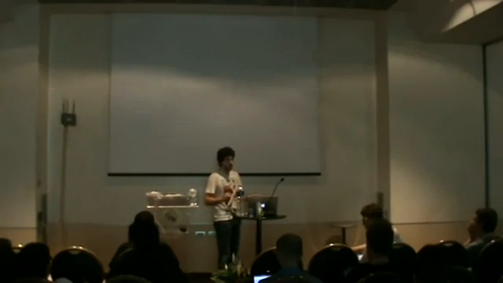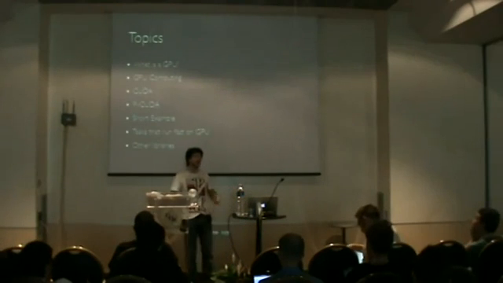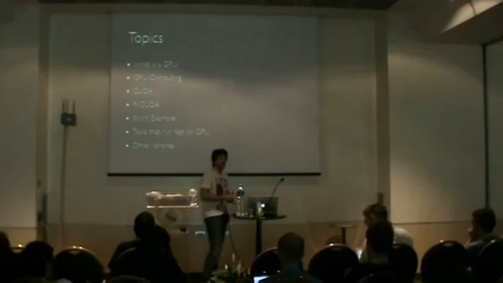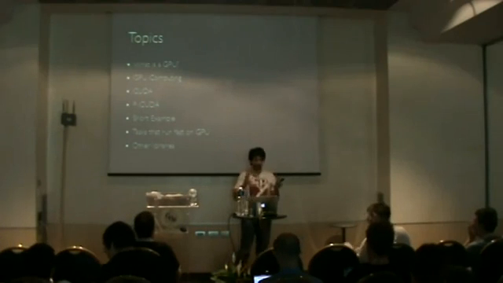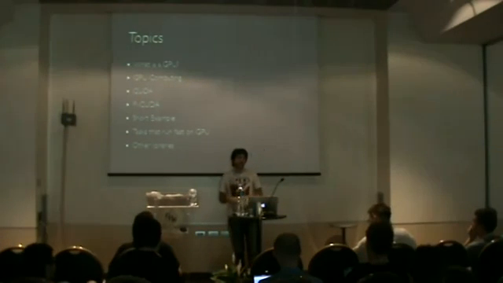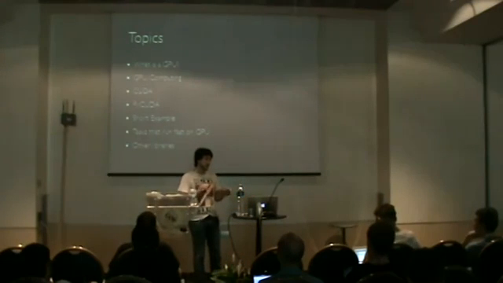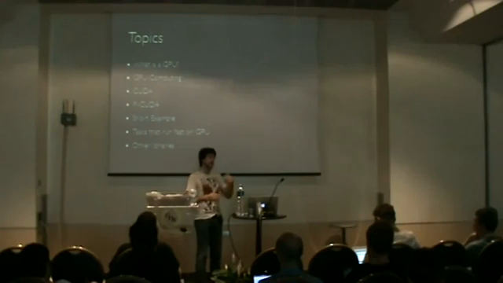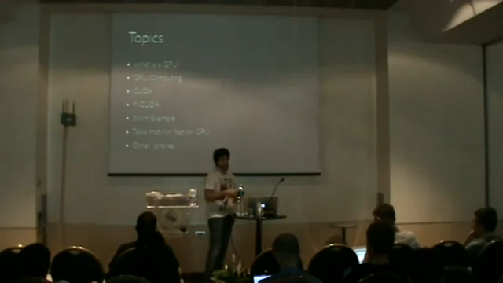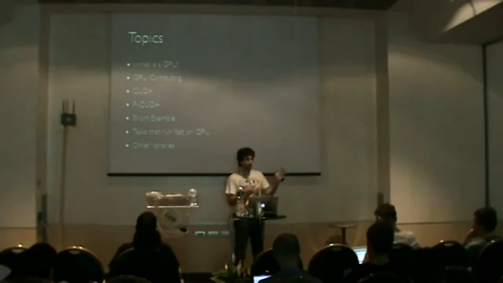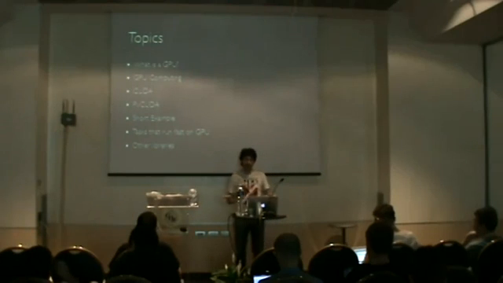Let's see what the topics for today are. I'm going to talk about what a GPU is and what GPU computing is, a little introduction. Then I will talk about CUDA and how it works. Then we will look at PyCUDA, how you can access the CUDA NVIDIA C APIs from Python.